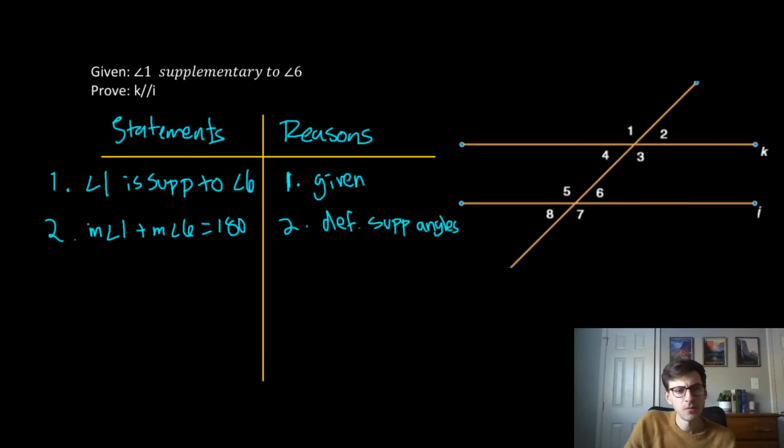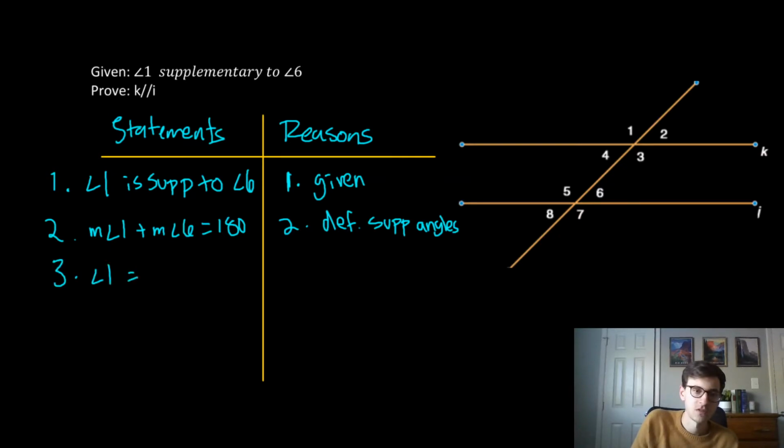And then, okay, so we're trying to get to one of two things. Like I said earlier, either trying to get that 1 is congruent to 5, or that 6 and 3 are supplementary. And I kind of like the approach of 6 and 3 being supplementary, because I know from vertical angles that 1 and 3 are congruent. So let's go ahead and say that.